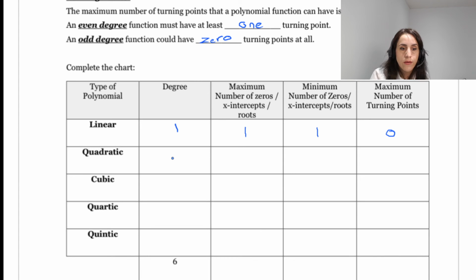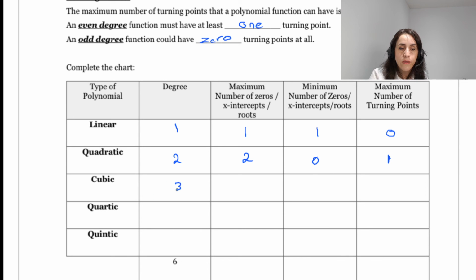Quadratic function, degree 2. Maximum number of zeros: the quadratic degree is 2, so the maximum number of zeros is going to be 2 as well. But for the minimum, because the degree is even, I'm going to have 0 as the minimum number of zeros. Maximum number of turning points, the degree is 2, 1 less than 2 is going to be 1.